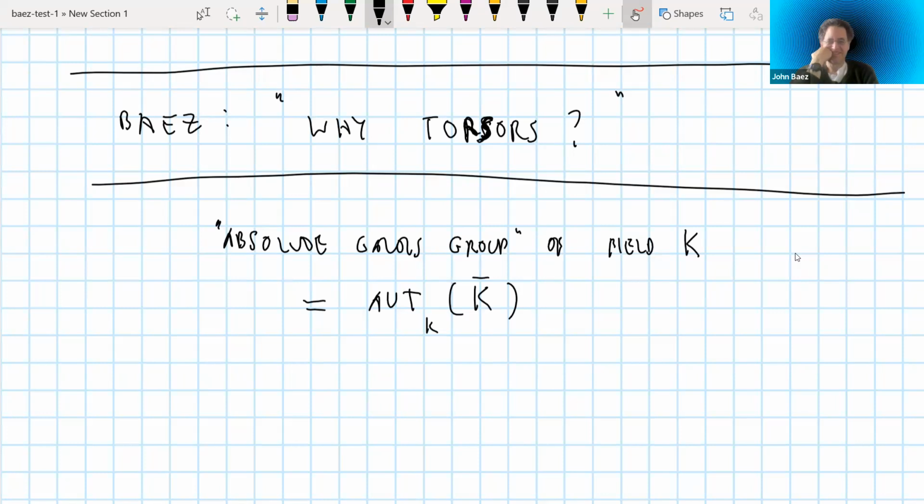Yeah, sure. So how are you going to understand some particular group? By some general philosophies of category theory, you understand an object by how it maps into other objects, or vice versa, how other objects map into it.